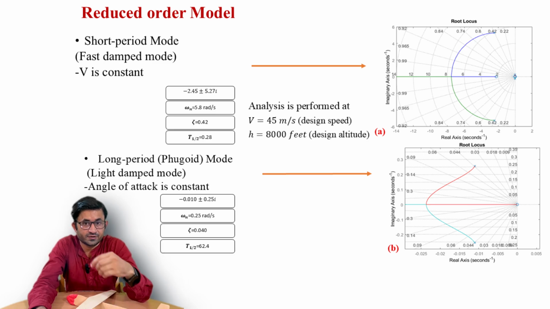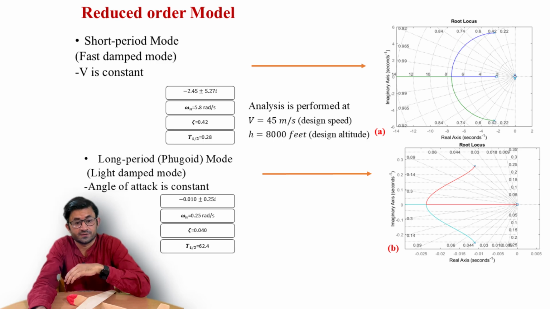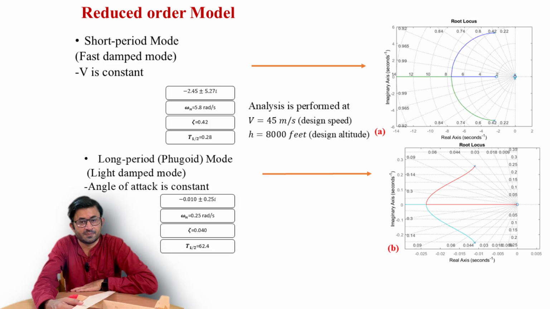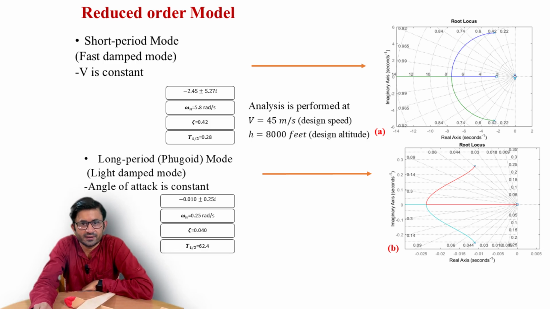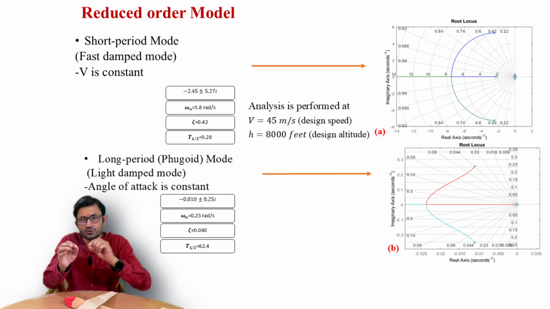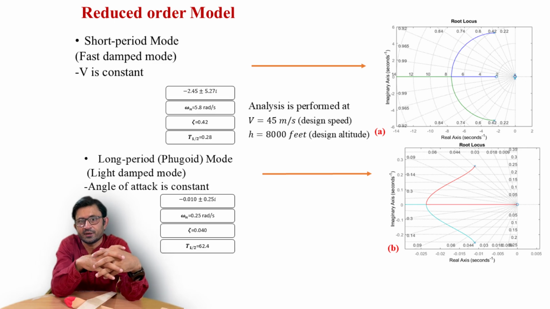And the one close to the origin will have an oscillatory nature, if it has an imaginary part also. Here you have a less negative real part, which means it will take more time to damp out. So based on the root location you can comment on which one is the short period mode and which one is the Phugoid mode.